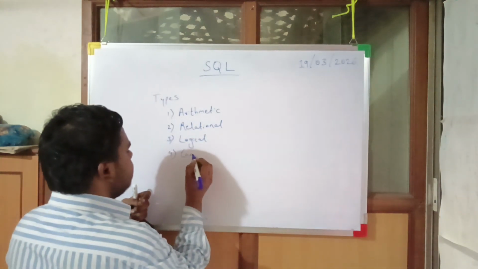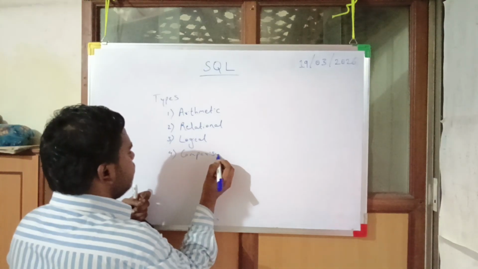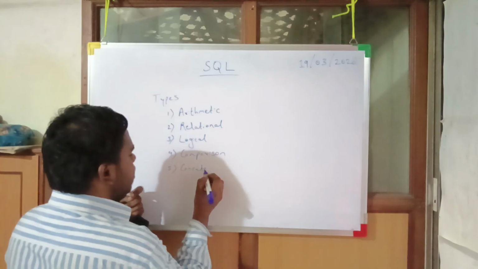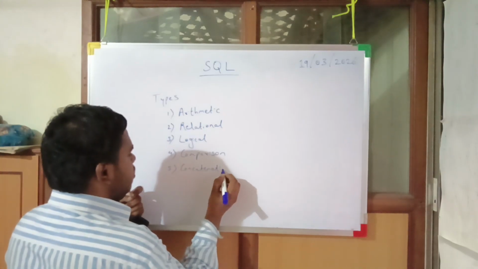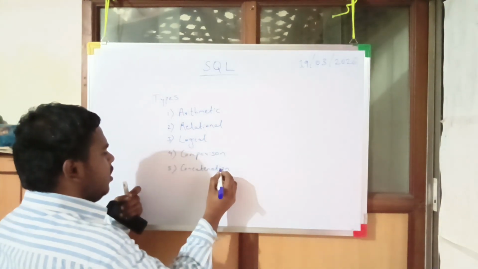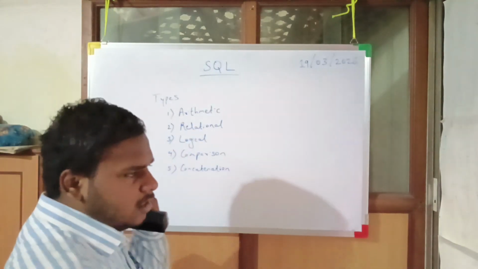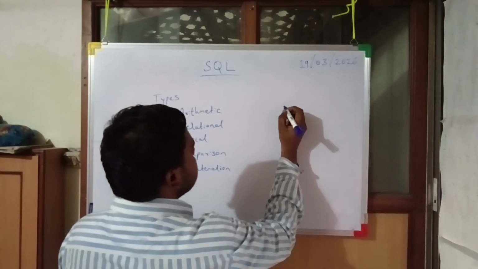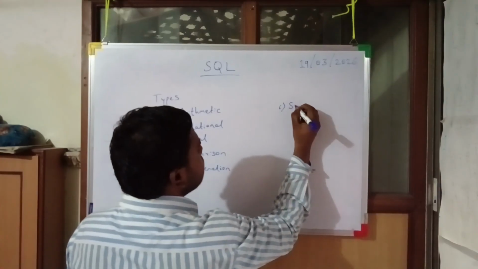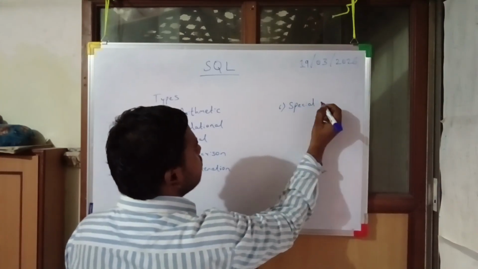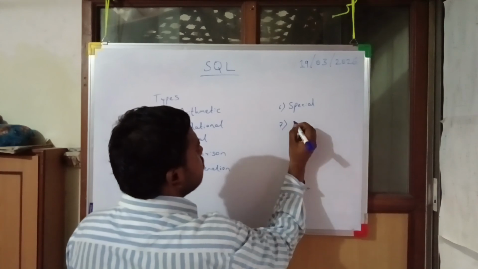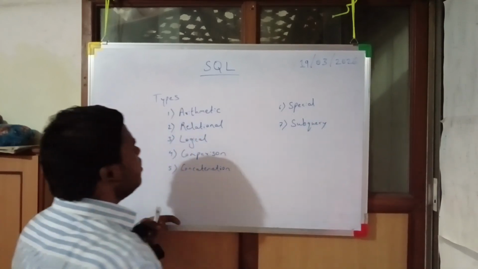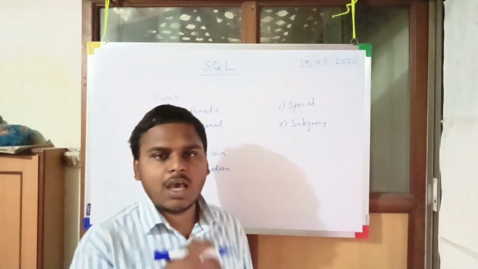Fourth, comparison. Fifth, concatenation. If you are a Python or Java student, you will understand the meaning of concatenation; I will tell you, no worries. Sixth, special operator. Seventh, subquery operator. These are the 7 types of operators which we have to study.